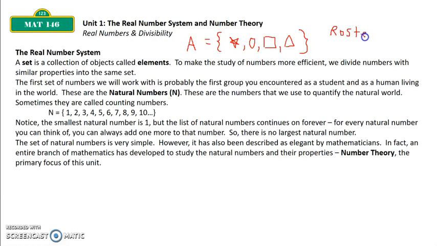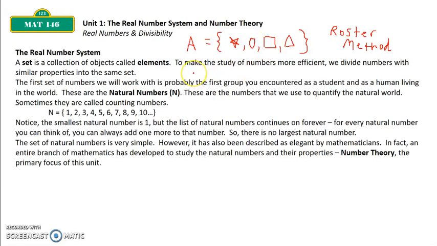And I'm writing with my mouse, so I'm not going to be writing as clear as I could if I had a pen. And basically the roster method is just where you list the elements of a set in between curly braces. Okay, so this would be the set A. The elements are star, circle, square, triangle.